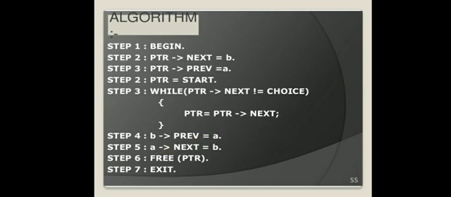Step 2, ptr of next equal to B. Step 3, ptr of previous equal to A. Step 2, ptr equal to start. Step 3, while ptr of next not equal to choice, then ptr will be ptr of next. Step 4, B of previous equal to A. Step 5, A of next equal to B, free that pointer, then exit.